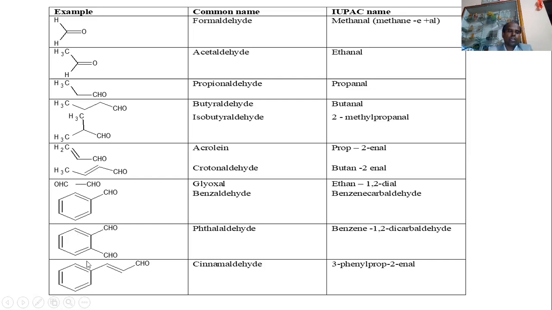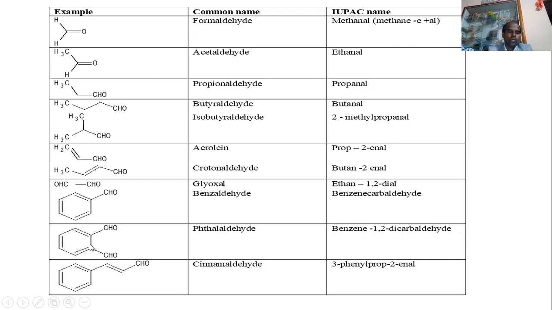So for this molecule, the common name is phthalaldehyde. For this molecule, the IUPAC name is, you can give 1, 2. So that means at 1 and 2 position, benzene contains 2 aldehydes. So that means benzene-1,2-dicarbaldehyde. Benzene-1,2-dicarbaldehyde is the IUPAC name.